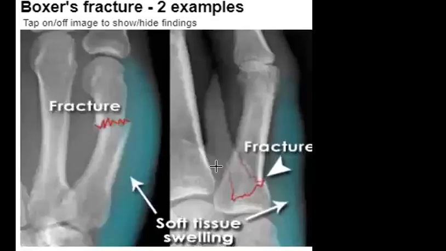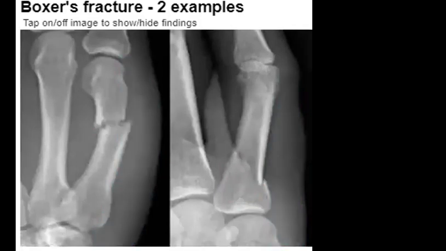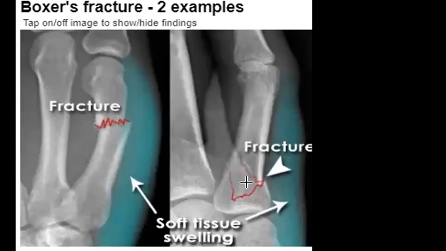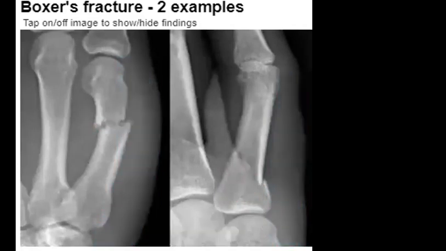And for you, this one will be easy. This is in the base here with fractures, what is called boxer fractures. And the most important thing for this one is to check if it's reaching the intra-articular surface or not.